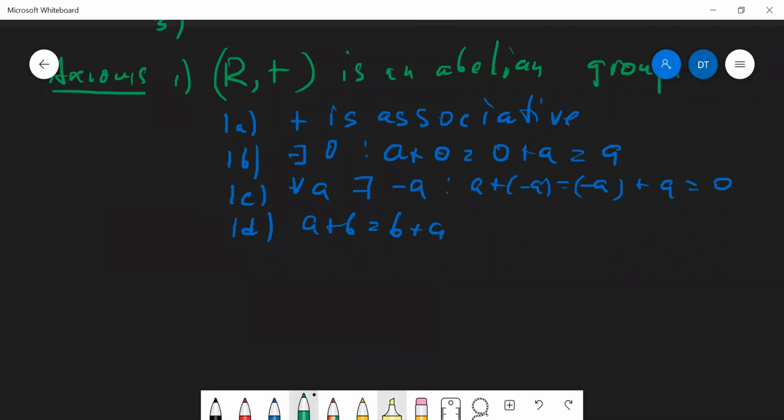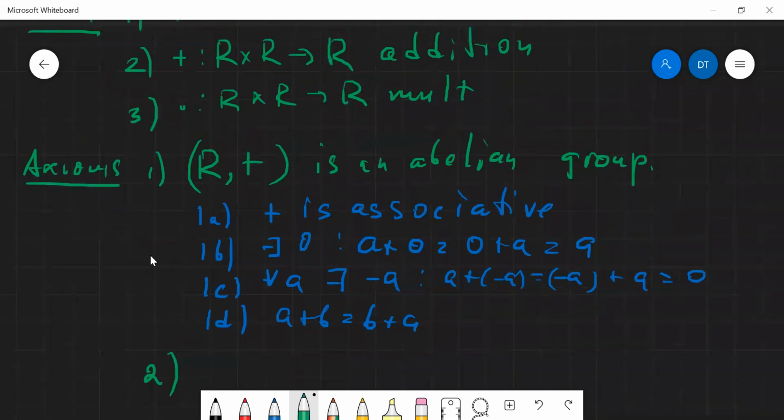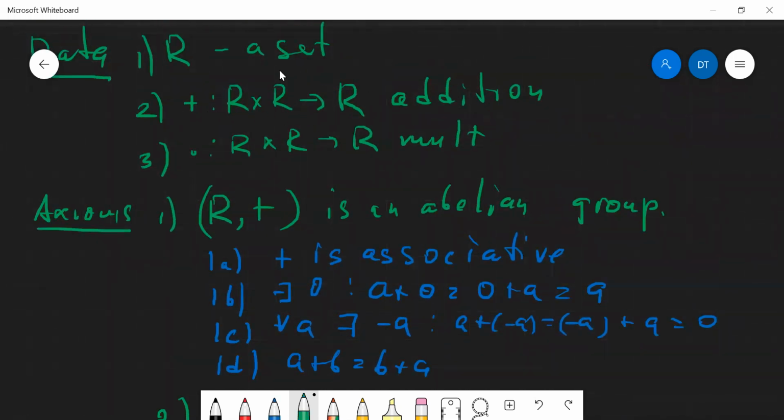Then we need the second property. Until now, we have conditions only on one operation. Now we want to pose a condition which explains how the addition and multiplication are related to each other.